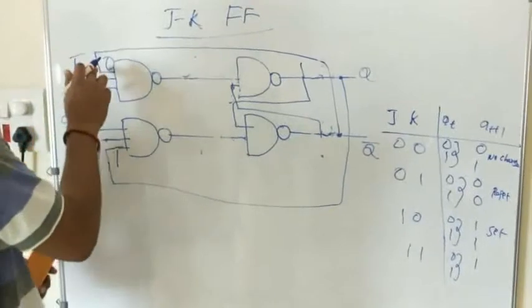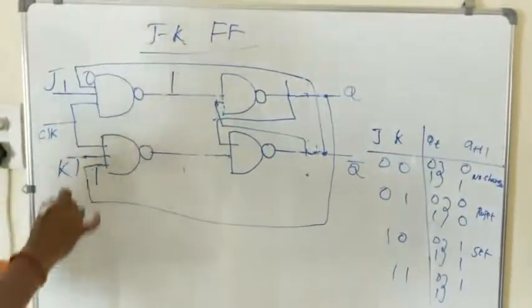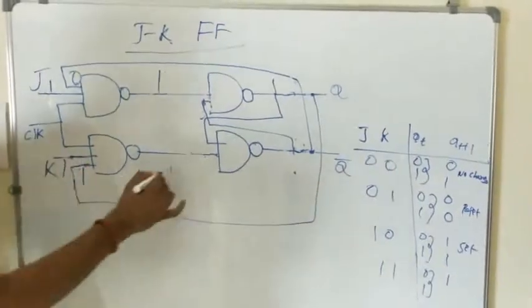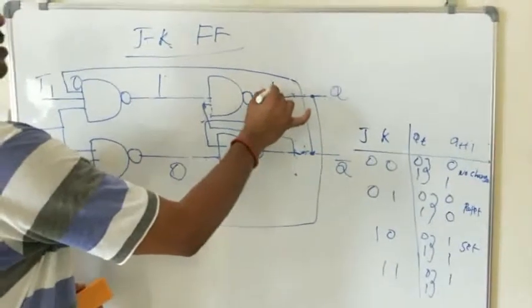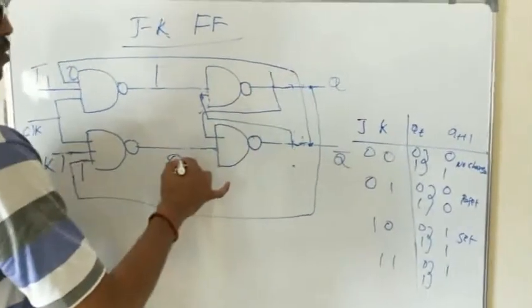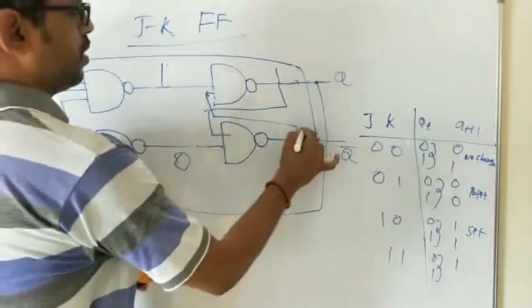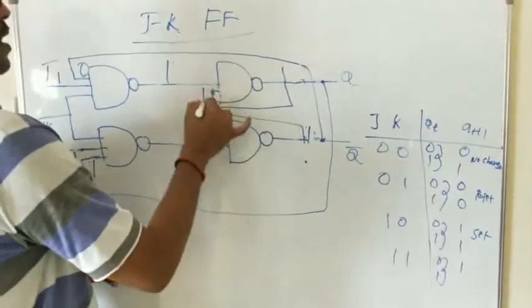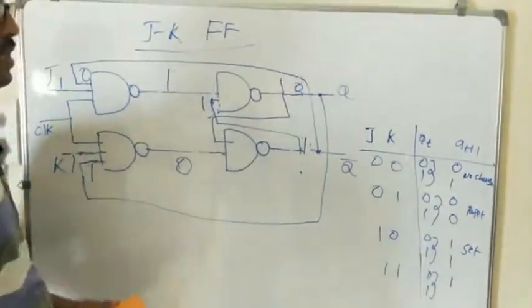If any one of the inputs is 0, the output of this NAND gate is 1. But here all the inputs are 1, so this becomes 0. Now we will see the behavior 1 and 0. If one of the inputs is 0, the output of this NAND gate is going to be 1. This 1 is going to come here. Both the inputs are 1, so the next state value is 0.